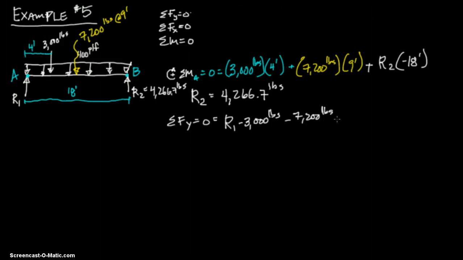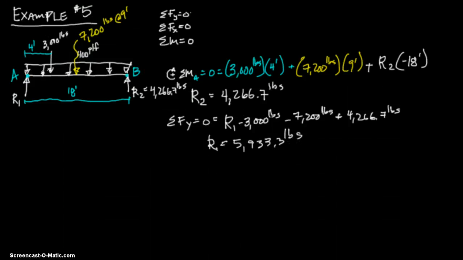And then we have a positive 4,266.7 pounds. And R1, doing the algebra, negative 3,000, negative 7,200, plus 4,266.7. That means R1 should be 5,933.3 pounds.